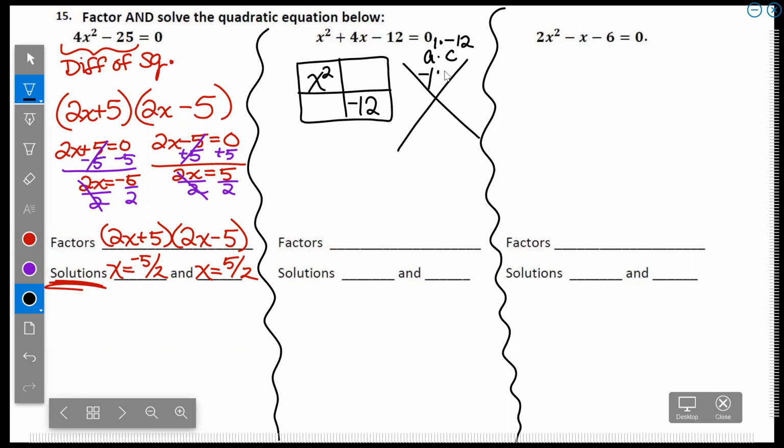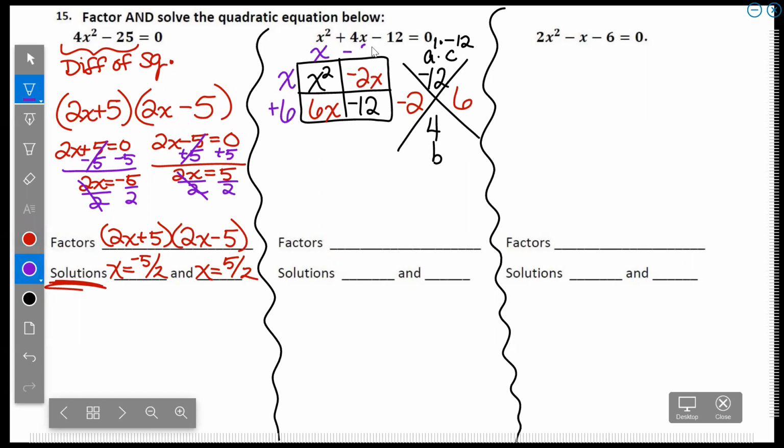I need 2 numbers that multiply together to give me negative 12 but add to positive 4. What numbers will do that? 2 and 6. Which one should be the negative? 2. Negative 2x, 6x. So I have x and a positive 6 on one side.